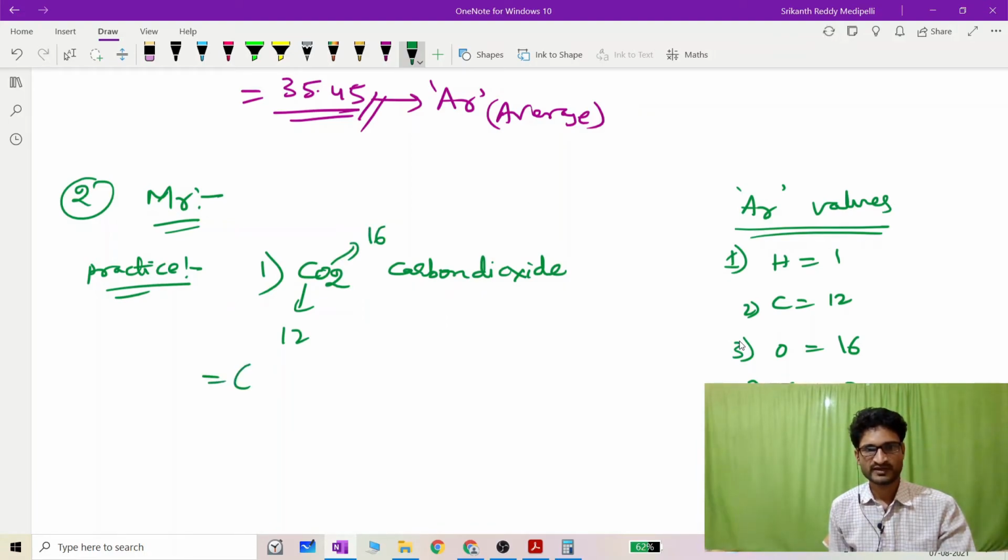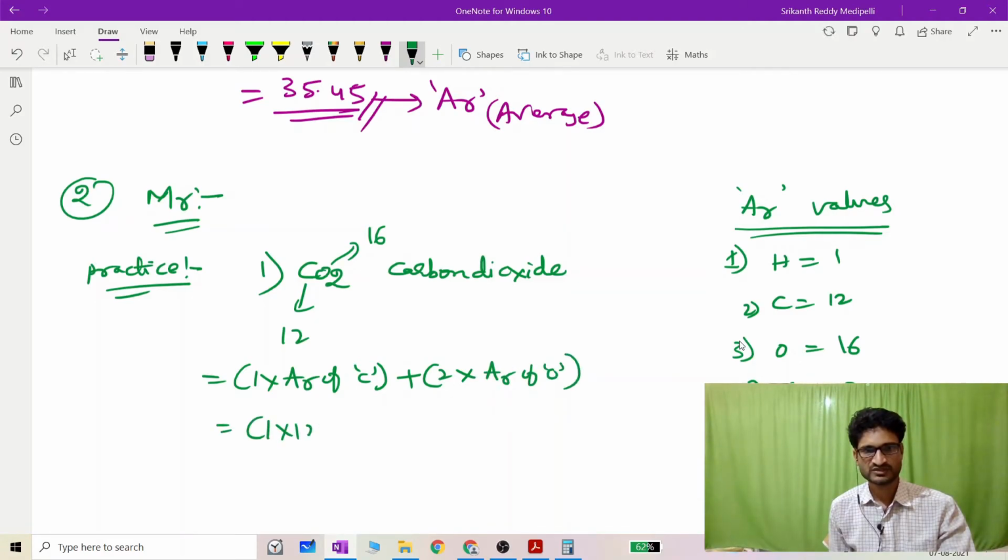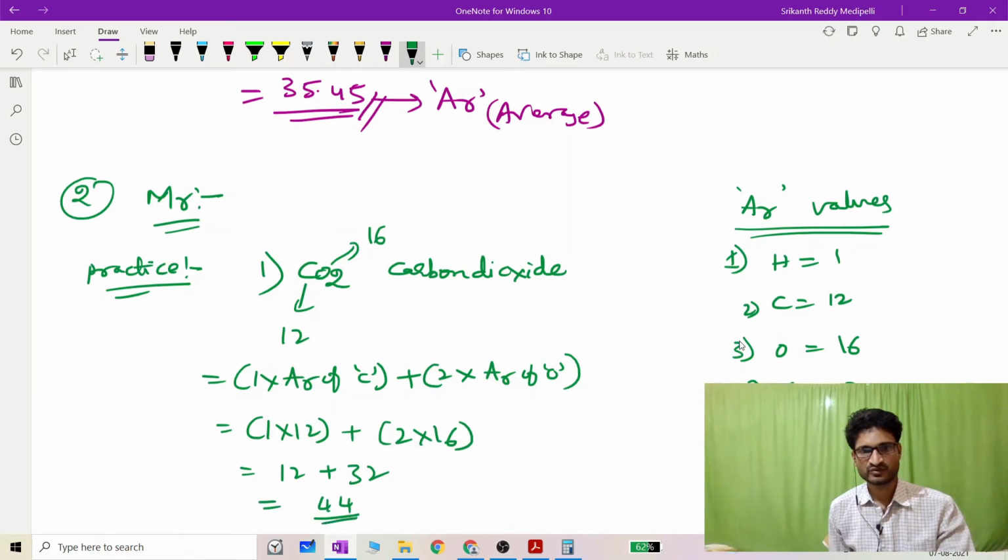So we take 1 times Ar of carbon, plus we have two oxygen atoms, 2 times Ar of oxygen. So basically it will be 1 times 12 plus 2 times 16, 12 plus 32, which is how much? 44. This is the relative formula mass of carbon dioxide.